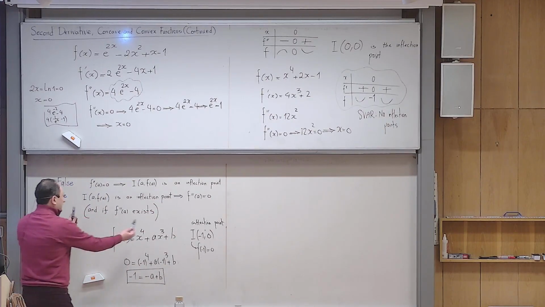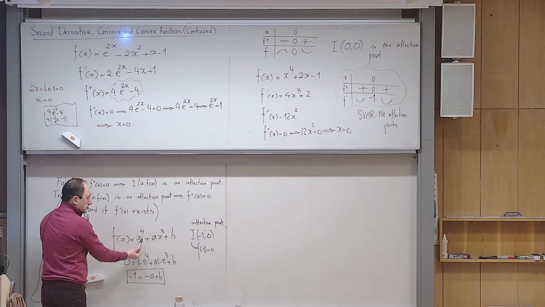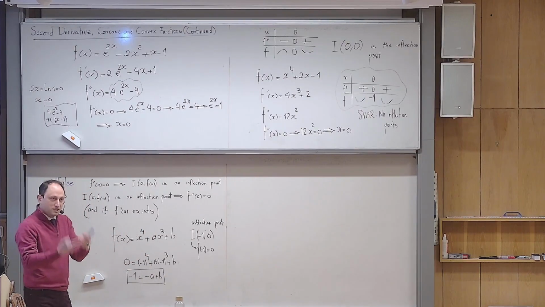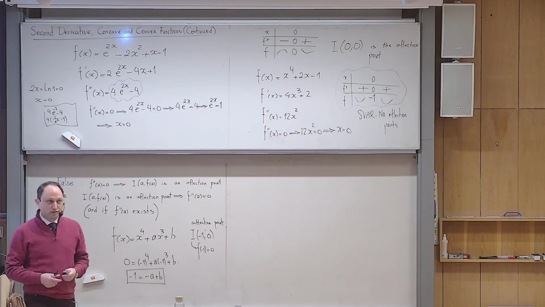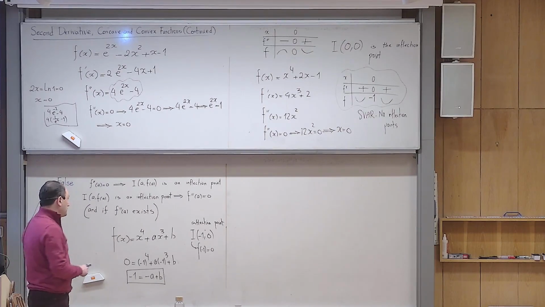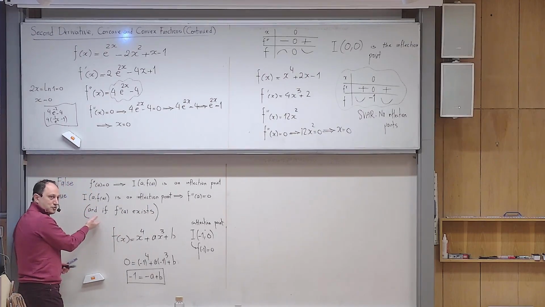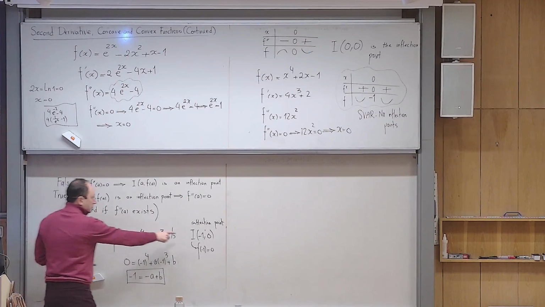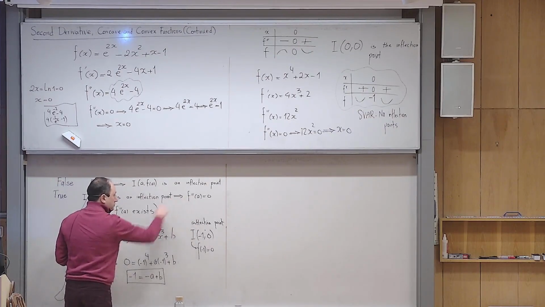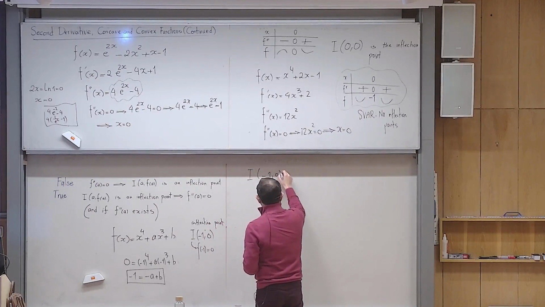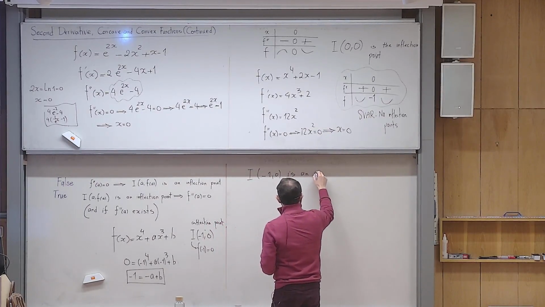Because this is always the case, because that's a polynomial. When it is a polynomial, its first derivative, its second derivative, any order derivative exists. So this is automatically fulfilled. So you don't need to be worried about that. So this means that this is an inflection point, so this should be the case. So I would say that -1 and 0 is an inflection point.